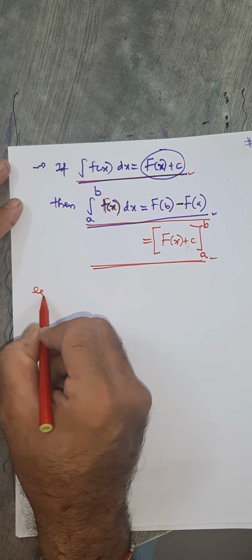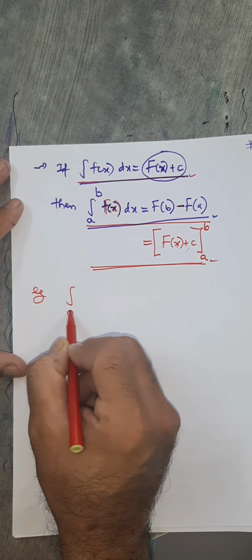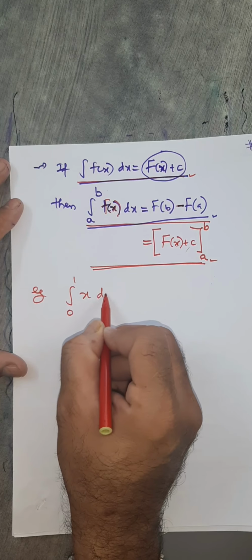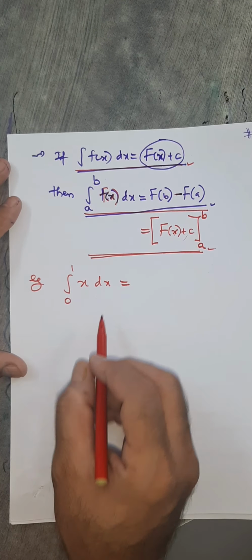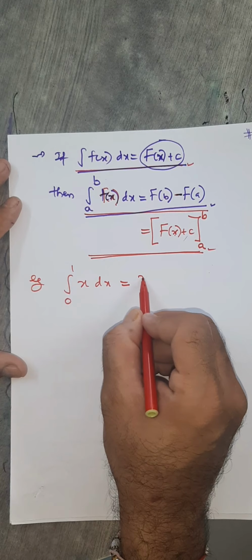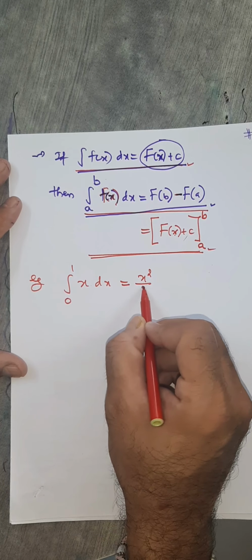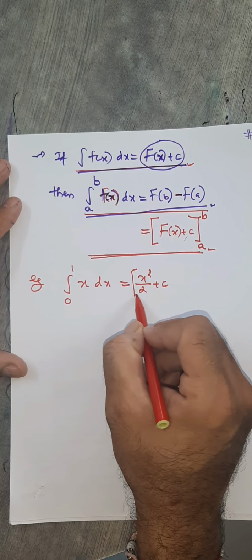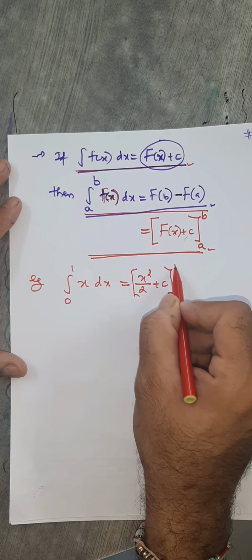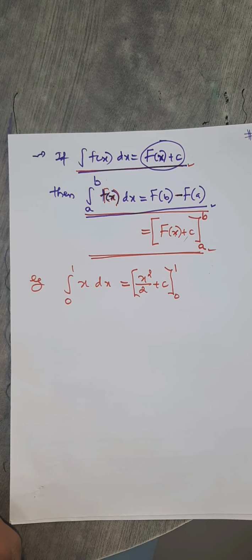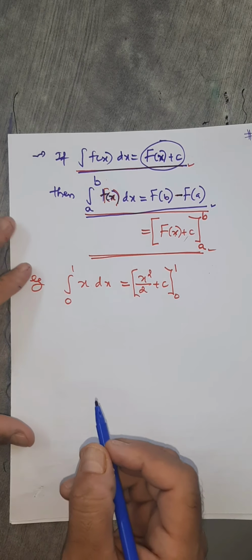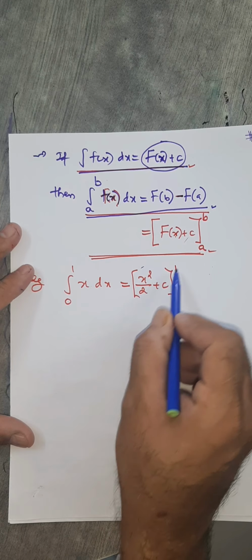But here as a simple example, suppose I want to integrate 0 to 1 x dx. I'll write the indefinite integral here: x squared by 2 plus c, and then I'll write the box with 0 to 1. Now what's the definition? Instead of x you put the upper limit, so whenever I have x, I'll put 1.